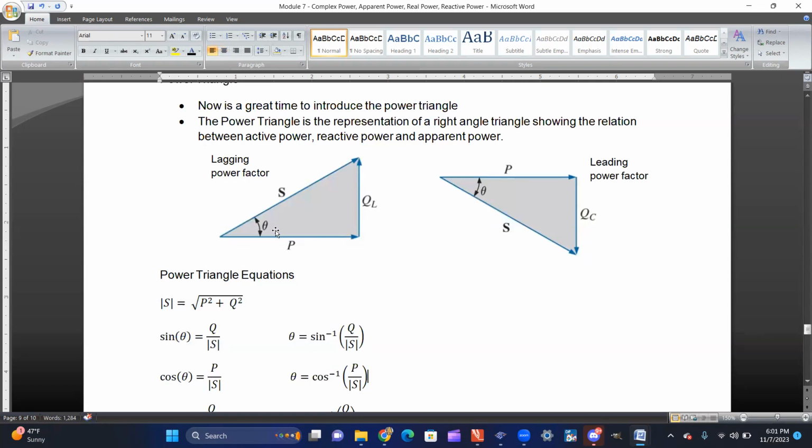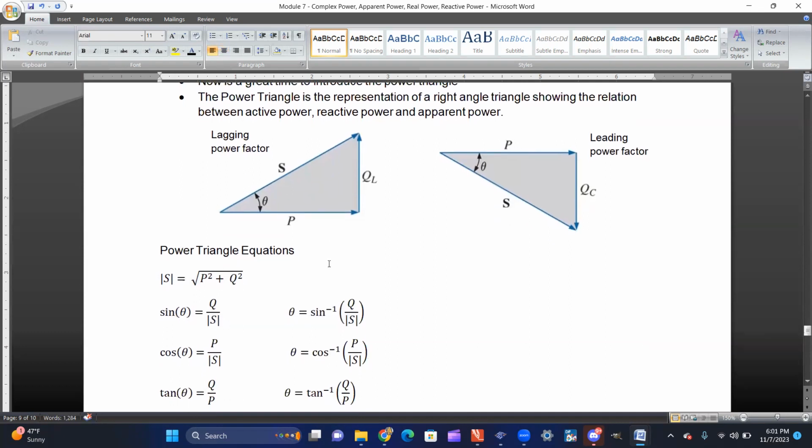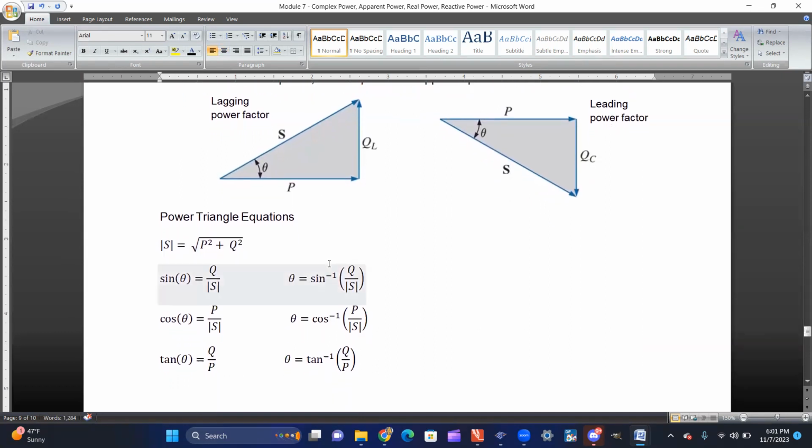You should be able to calculate your power factor, and you should be able to calculate your reactive power. So if you just know at least two of the four values of this power triangle, you should be able to solve it for the remaining values using one of these equations. I mean, you may have to do some manipulating of the equation, but you should be able to get it.